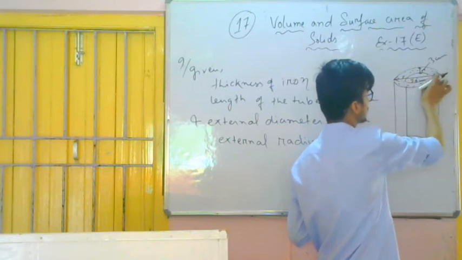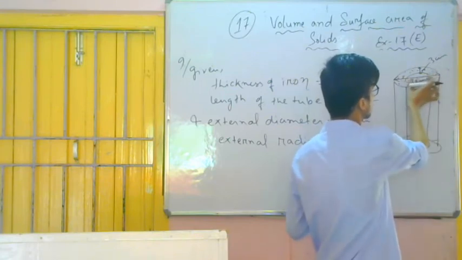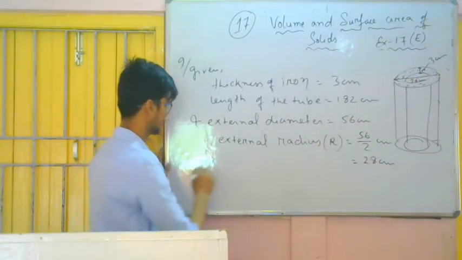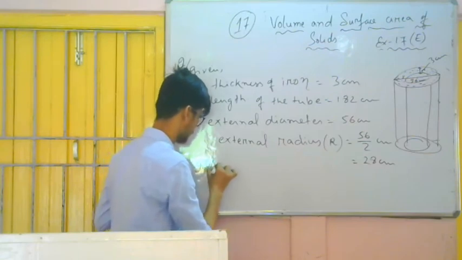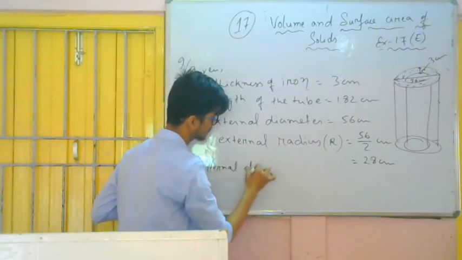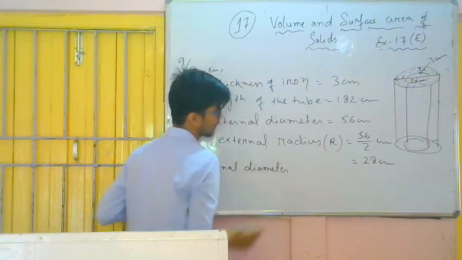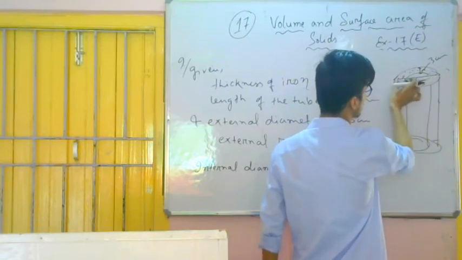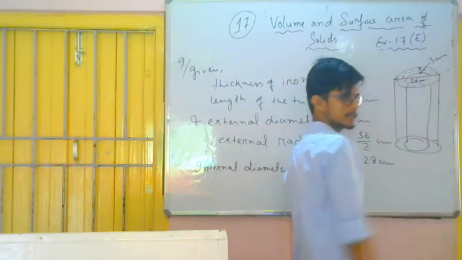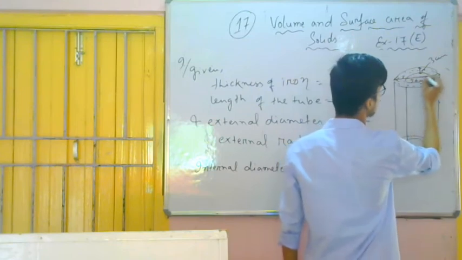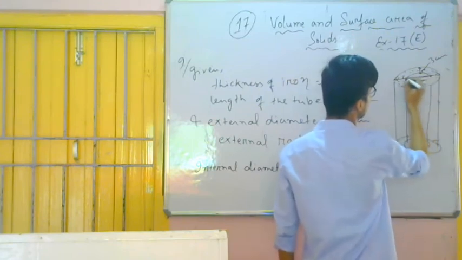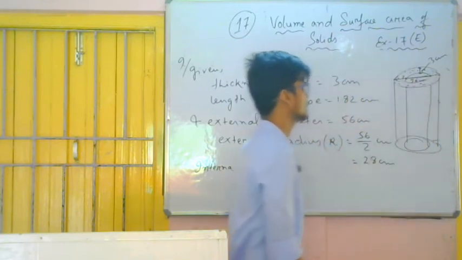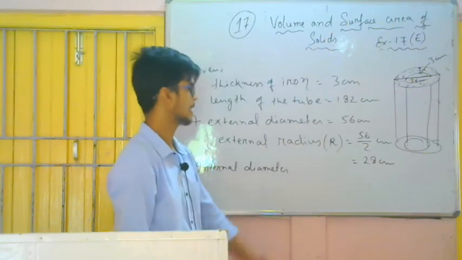That means if I subtract 3 plus 3, 6, from this one, I will get the inner diameter.